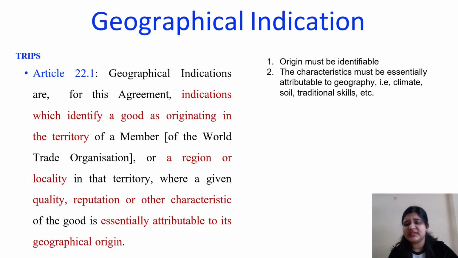So this is what we have been discussing in the previous few slides. The two most important things to remember here are, number one, the origin must be identifiable, and second, the characteristics must be essentially attributable to geography, that is the climate, soil, traditional skills, etc.